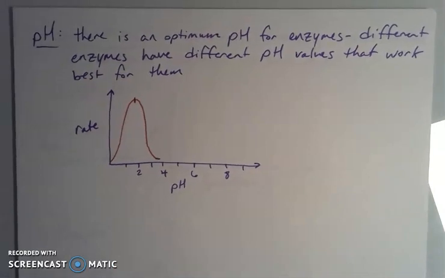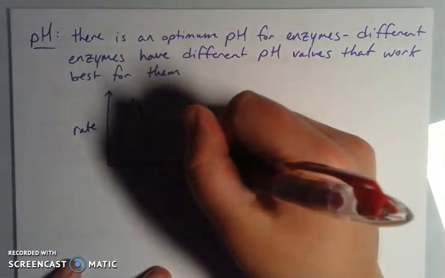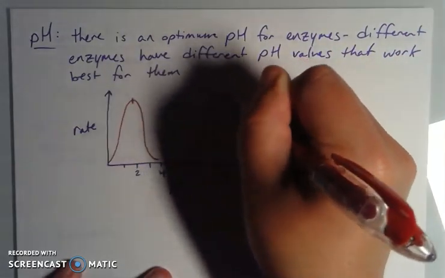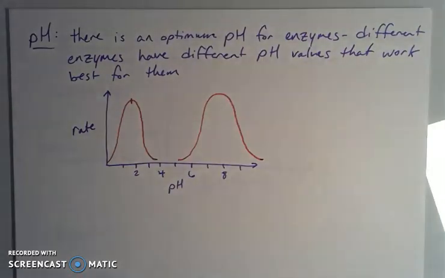We might assume that that's an enzyme that works in our stomachs, for example, which is roughly the pH of stomach acid. It might be something like pepsin, a digestive enzyme that helps to break down things. There are other enzymes that are going to work in different areas, at different pHs, so we might have things around a pH of 7 or 8, which works under just normal body conditions.